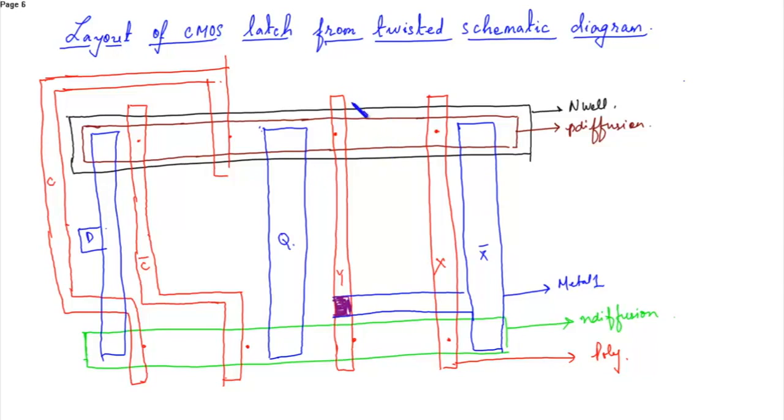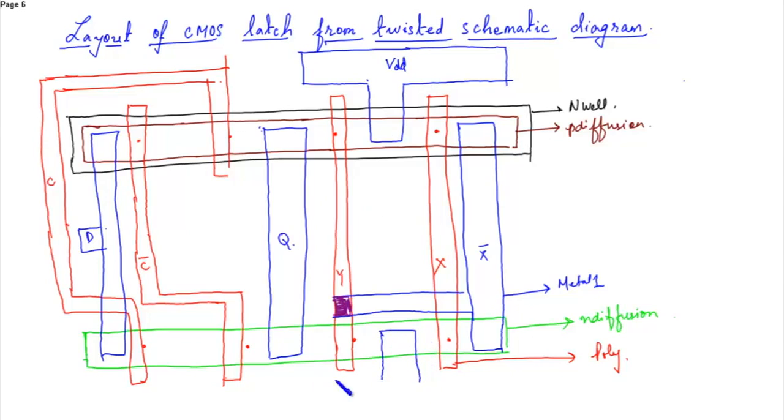This is your VDD. This part was connected to VDD. So this is VDD, and this was connected to ground.